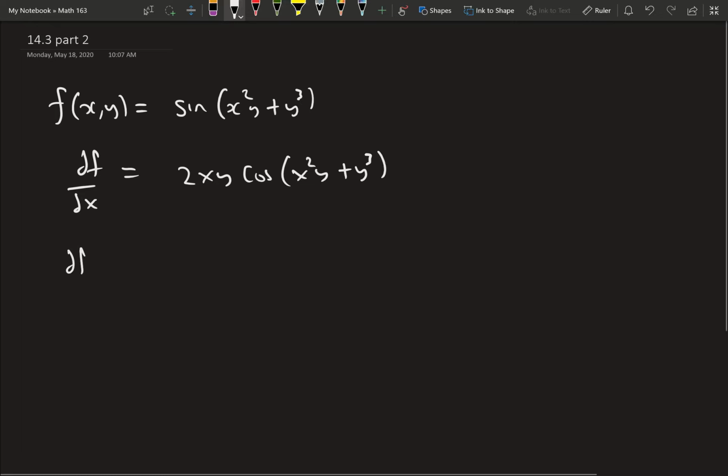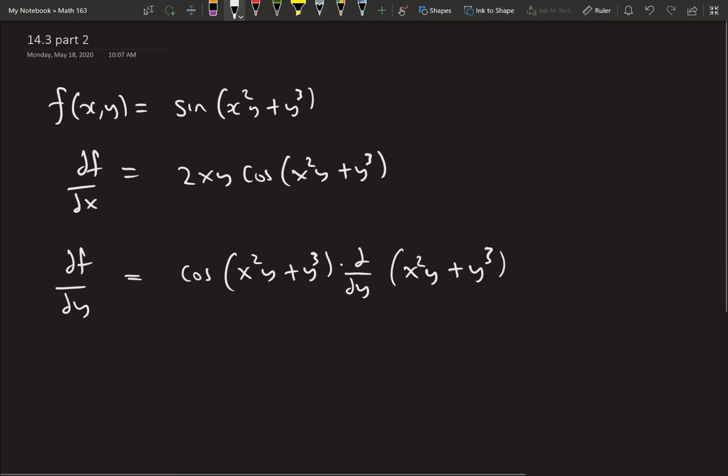And what we want to do is compute ∂f/∂y, which is: first take the derivative of the outside function, which becomes cosine of x squared y plus y cubed, and then times the chain rule, take the partial derivative with respect to y of x squared y plus y cubed.